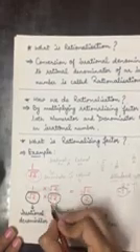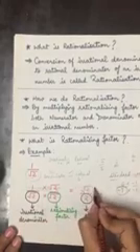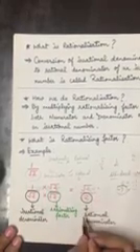But upon doing so, what will happen? 1 into root 2 is root 2, that is our numerator. And root 2 into root 2 will be 2. I told you in my previous lecture that root 2 into root 2 means root 2 squared, and square and root cancel out and you are left with the number.